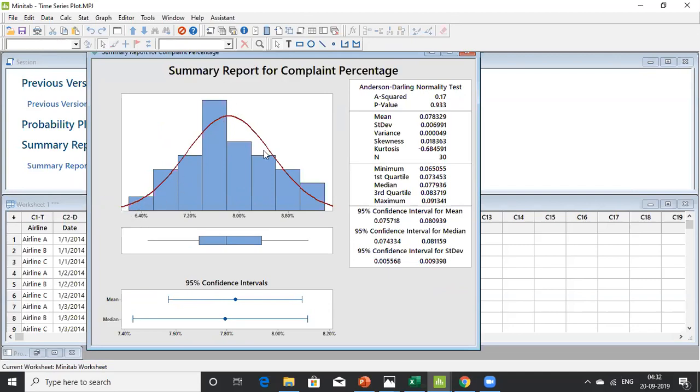And you also get to see the distribution of the data, and you know the mean and standard deviation. And you get the first quartile, median, and third quartile values. So there are multiple tests that you can use to study your data. But this is a key point. We understand that this is a normal distribution.